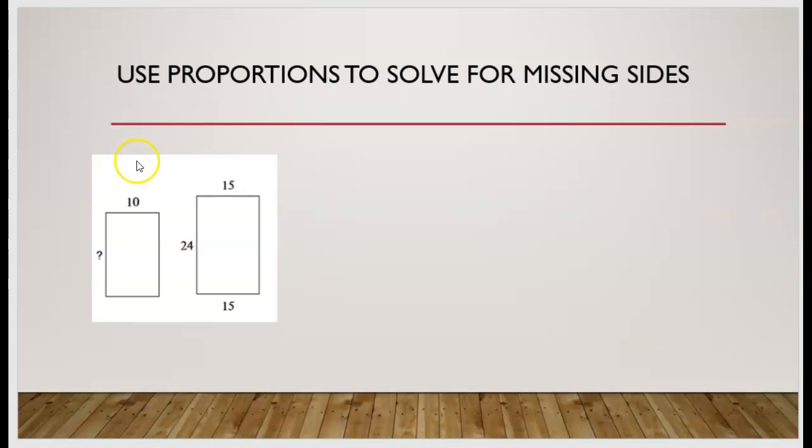So it does not tell us that the shapes are similar. So I should probably say that up here, the shapes are similar. If we know they're similar, then we know these sides are proportional. So here's a question mark. Let's call that x. We could say x over 24 equals 10 over 15. See, in this case, we're not going to want to use this 15 necessarily because we don't know this side.